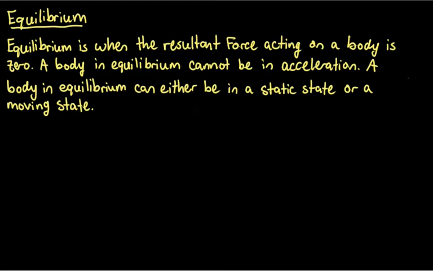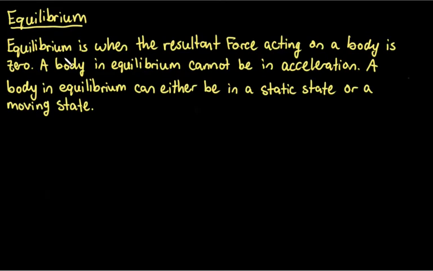Now, a body in equilibrium cannot be accelerating, so it cannot be speeding up and it cannot be slowing down. However, this body that is in equilibrium can be in a moving state. It can be in a static or non-moving state, but it can also be moving, provided that it is moving at a constant velocity.